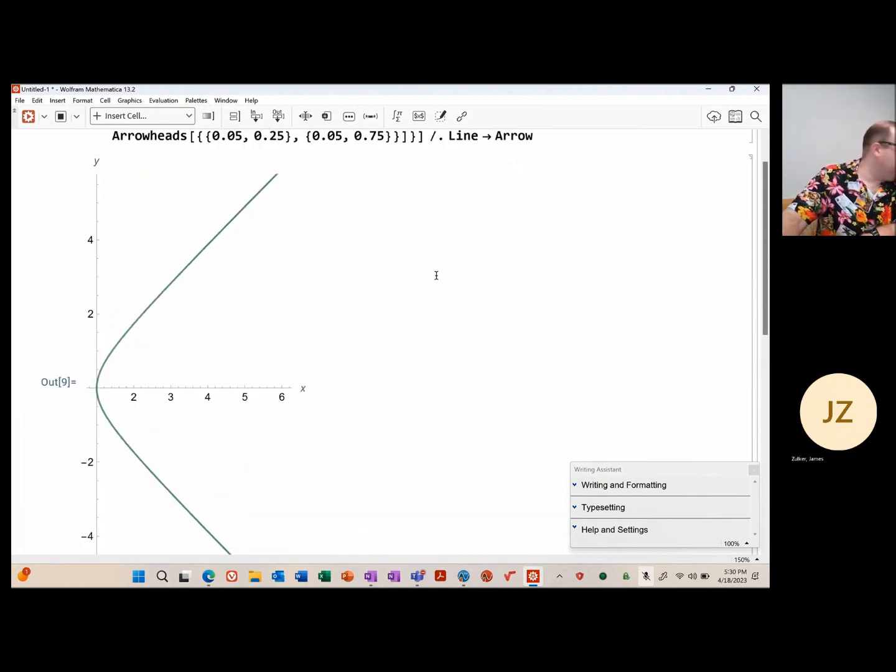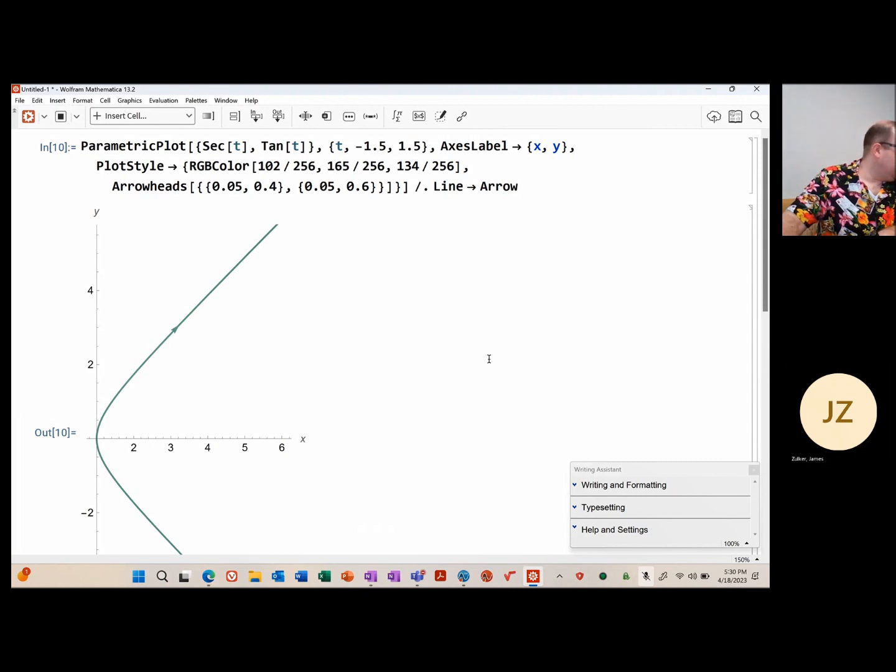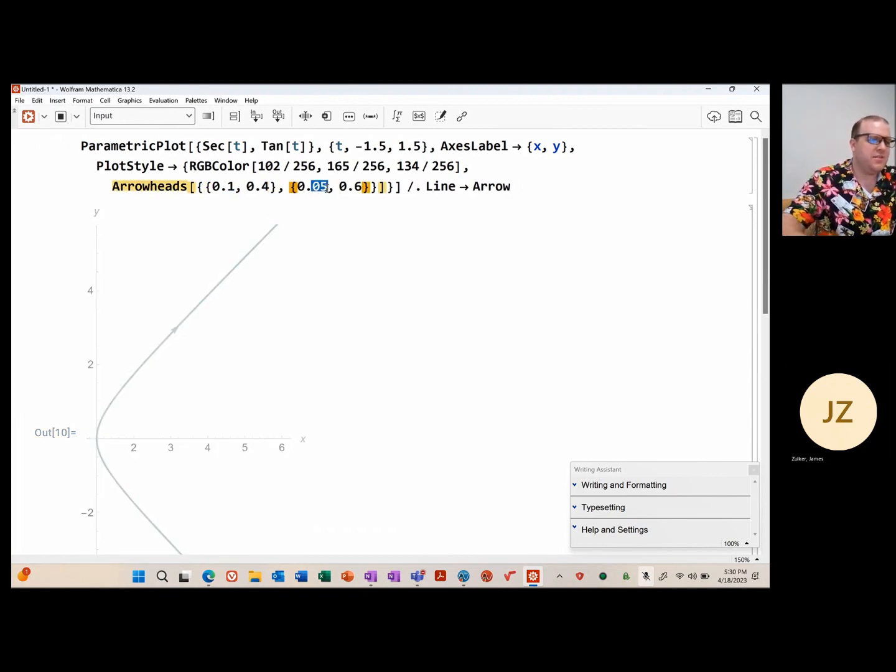Nope, I'm going to have to adjust them. I did 0.4 and 0.6. Now look how tiny those arrows are. So let's make the size 0.1 instead. See how that looks better.